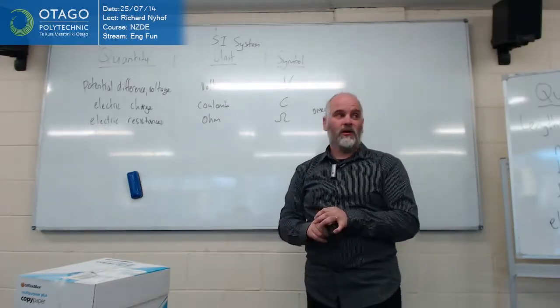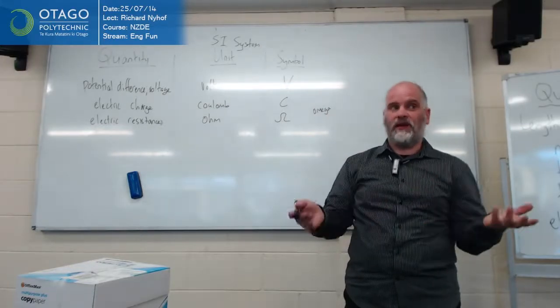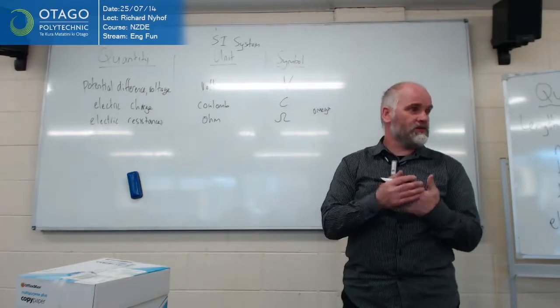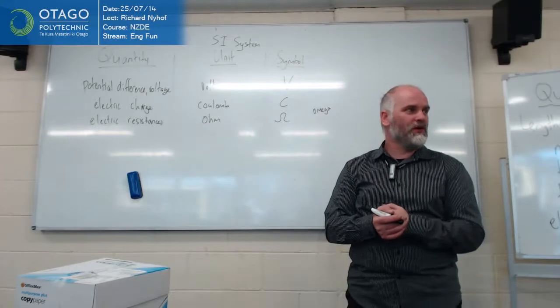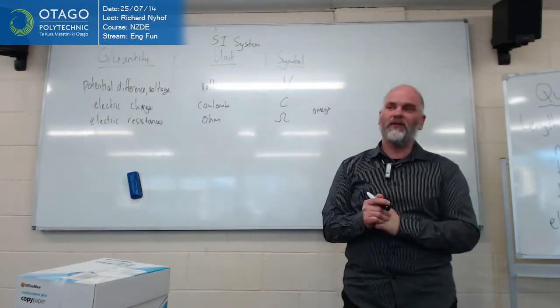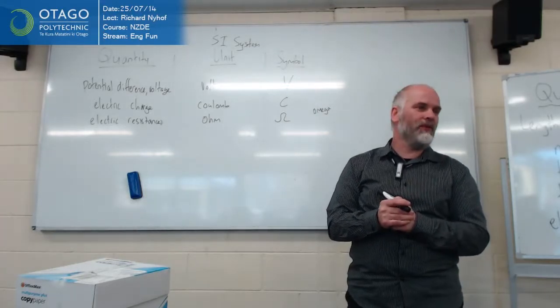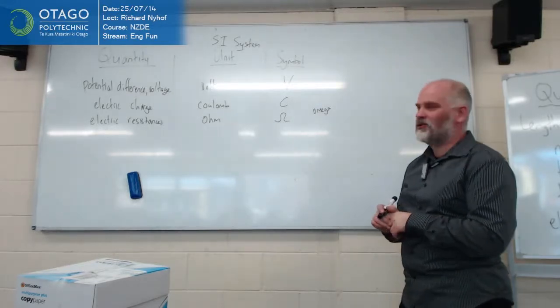Quite a lot in physics and engineering, we have letters that aren't all just normal English letters. We use Greek letters as well. We sort of run out of letters, so we go into the Greek alphabet a bit, and by the time you've finished your diploma, you'll have probably seen just about every Greek letter. Maybe not an iota, I don't think that's used much, but most Greek letters you'll see.